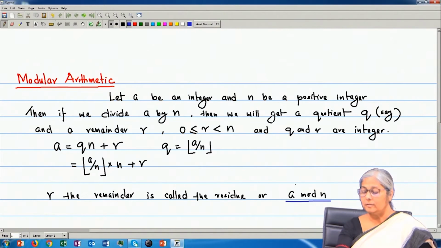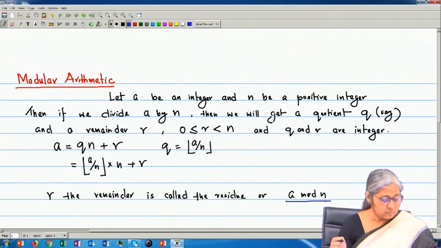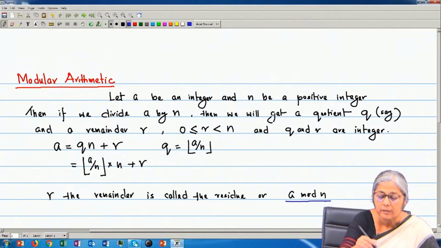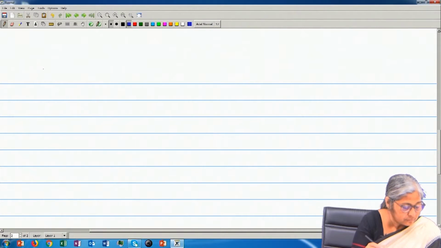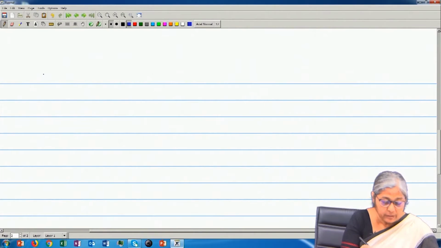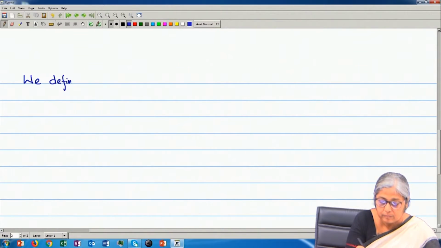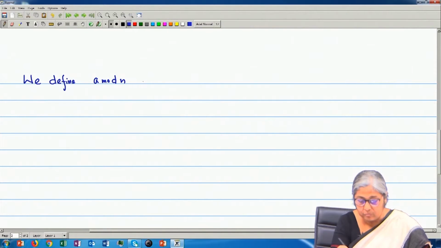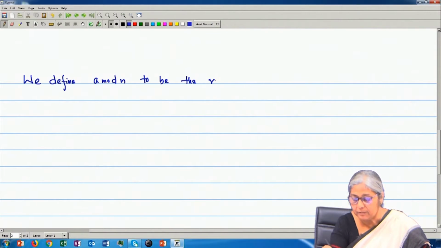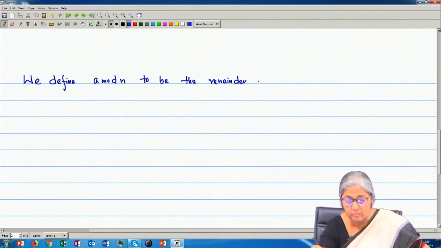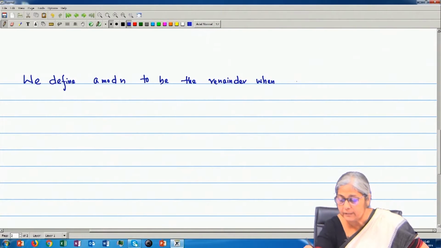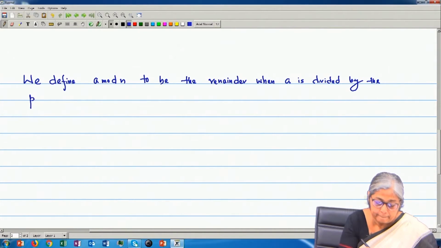So, we define A mod n to be the remainder when A, an integer, is divided by the positive integer n.